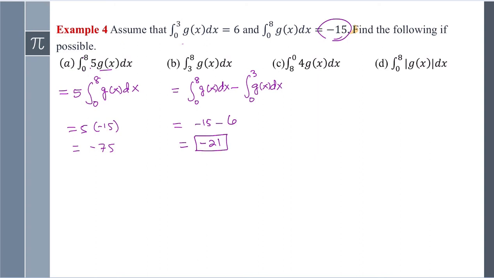Now let's see what we have next. We are given the area from 0 to 8, and we are asked to find the integral from 8 to 0. So first let's go ahead and factor that 4 out. We know that we have 0 to 8, so we cannot find 8 to 0 directly, but we can change this one and write the negative of the integral from 0 to 8. Remember this property?